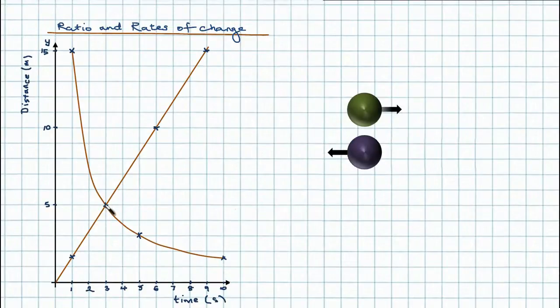As we keep going on our curve, then the speed gets less and less, until eventually we're hardly moving at all as we get to this part of the curve.